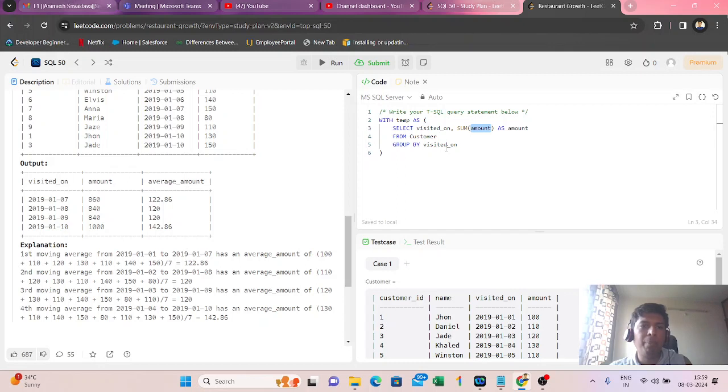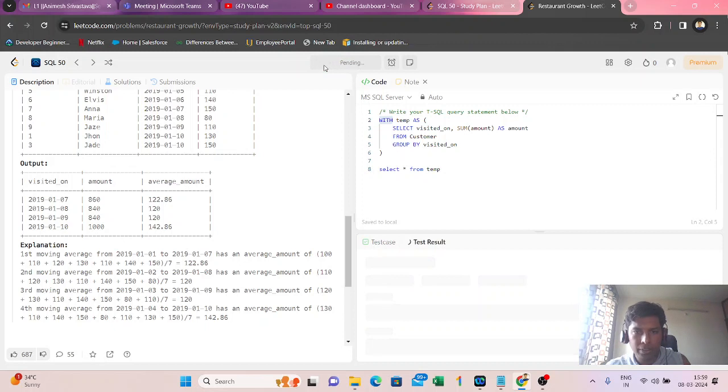So we are converting the multiple entries on any date into one entry for our table. Now, if we run select star from temp, this is a CTE using a WITH clause. Now see the entry.